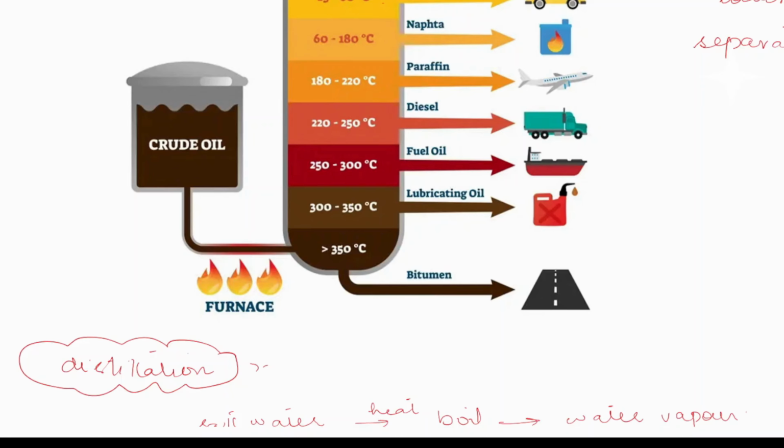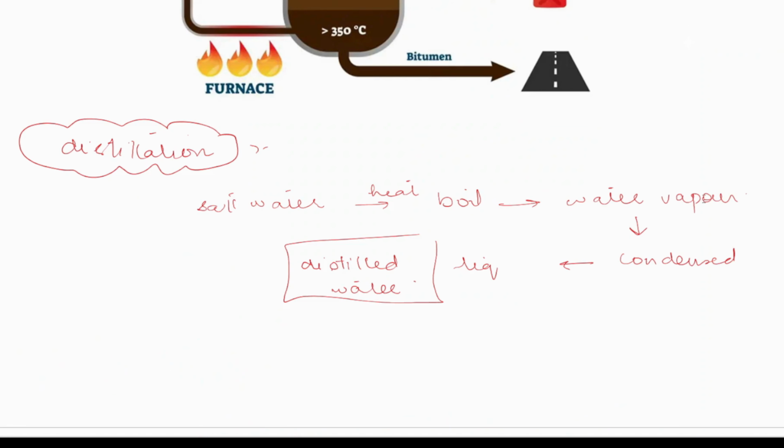Now these are not only hydrocarbons. Fossil fuels also contain sulfur and nitrogen, because our body contains sulfur and nitrogen, right? Fossil fuel is formed by animals and plants, so they contain nitrogen compounds and sulfur compounds.